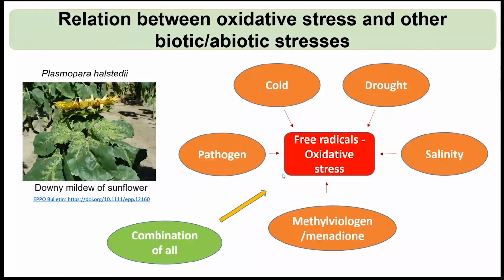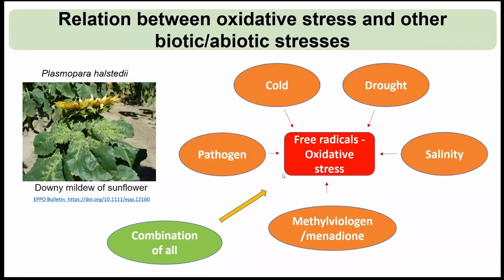In addition to that, there are several pathogens, of which the downy mildew causing pathogen is a serious threat to sunflower. Now, all these individual stresses, both biotic and abiotic in nature, are known to produce free radicals in the tissues, and those free radicals cause oxidative stress.